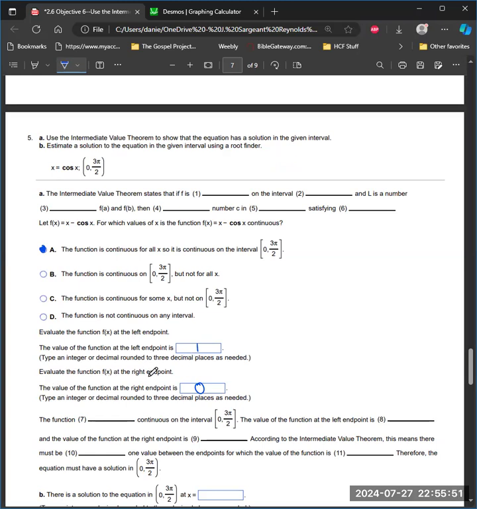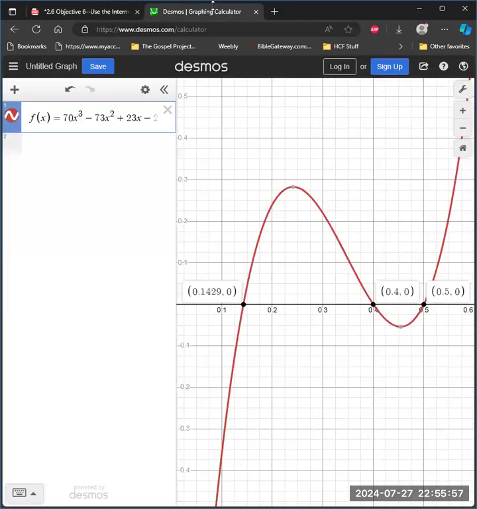Between 0 and 3 pi over 2. So let's look at cosine x minus x. Let's do this in radians.